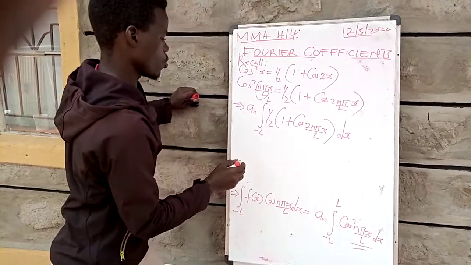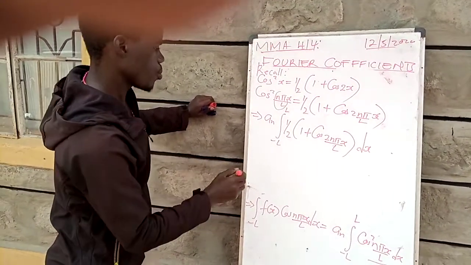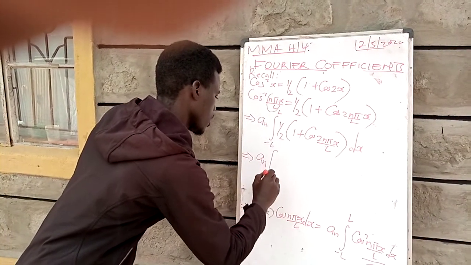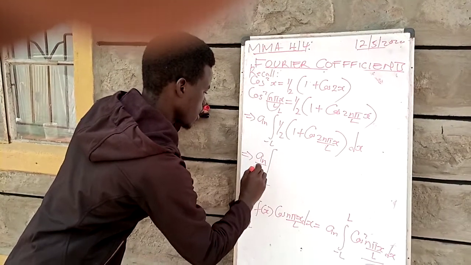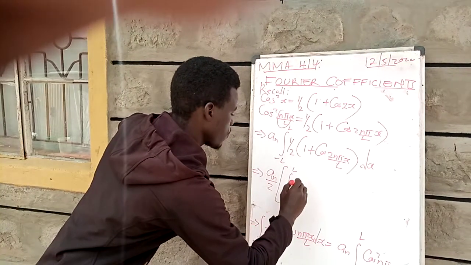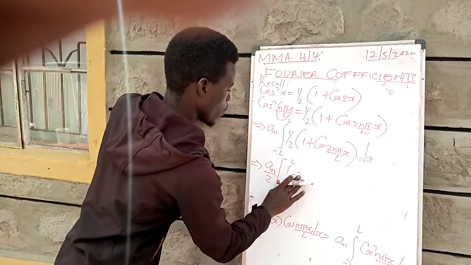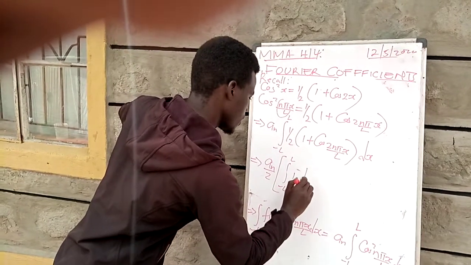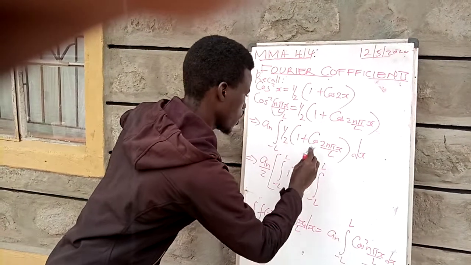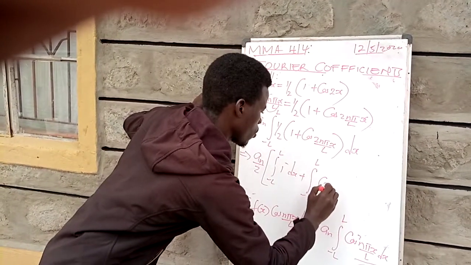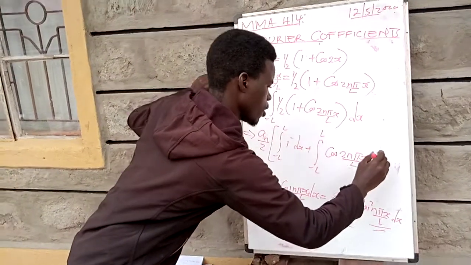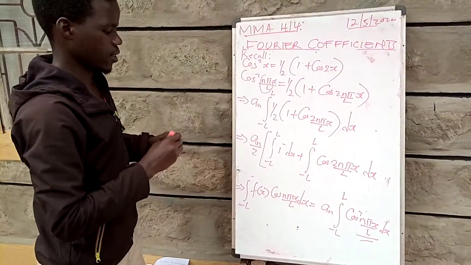dx. So we integrate component-wise. Let the half come out: a n over 2 times the integral from negative L to L of 1 dx, plus the integral from negative L to L of cos 2n pi x over L with respect to x.